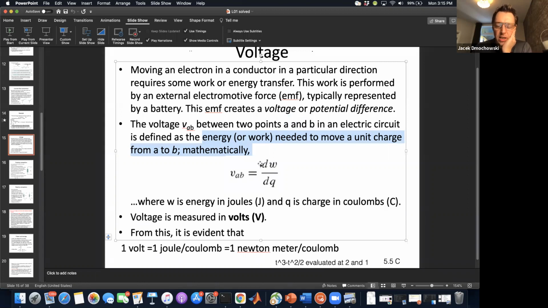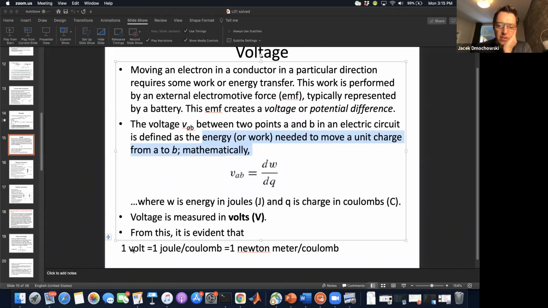And so the units of voltage, which are called volts, are equal to 1 joule per 1 coulomb. So 1 volt is a voltage that corresponds to, if you can separate 1 coulomb of charge with 1 joule, then you've created a voltage of 1 volt.